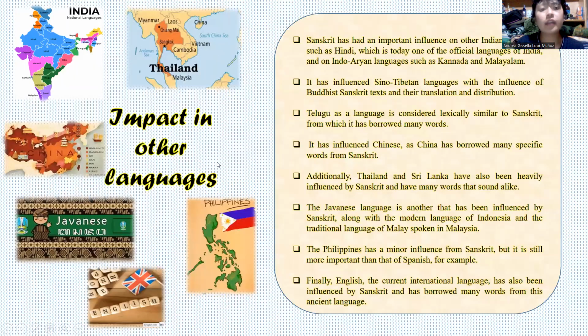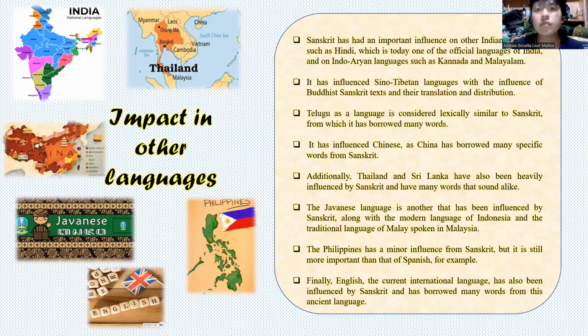Impact on other languages. Sanskrit has had an important influence on other Indian languages, such as Hindi, which is today one of the official languages of India, and Dravidian languages such as Kannada and Malayalam.